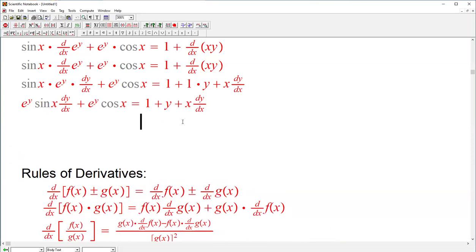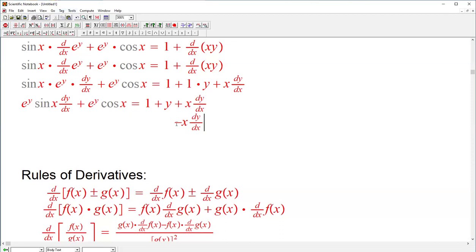Well, we're going to subtract x times dy/dx, and this piece, we're going to subtract that piece as well, on both sides.